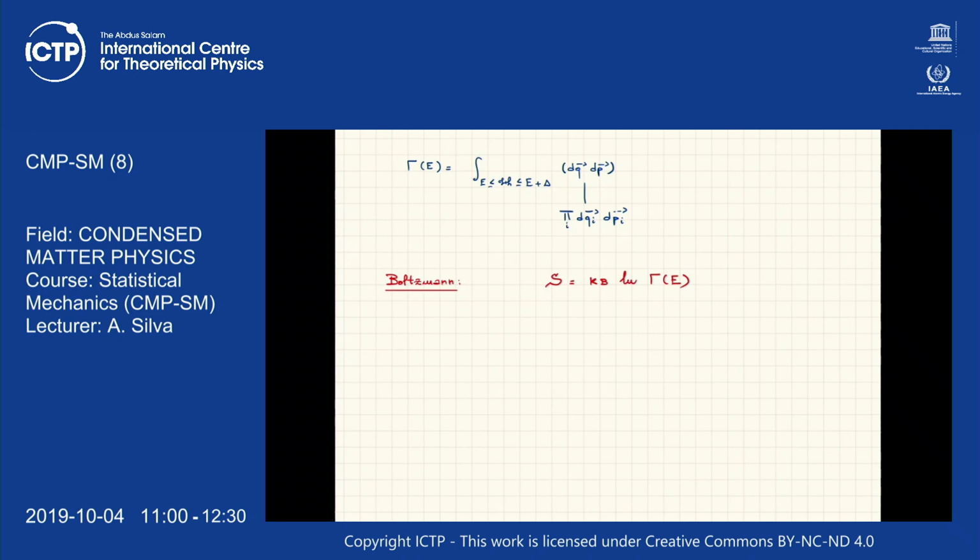If I had a discrete system, instead of this volume integral I would take a sum over all possible discrete configurations which have more or less the same energy. We'll do the example later for the Ising model. So this is what Boltzmann tells us.